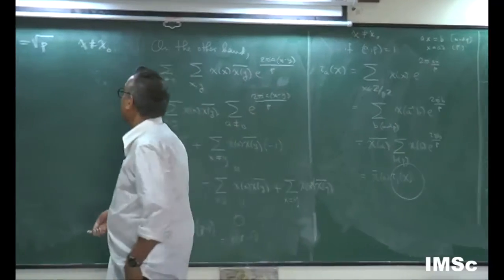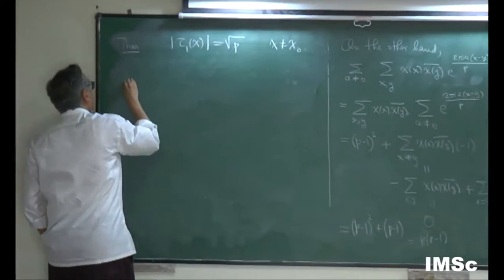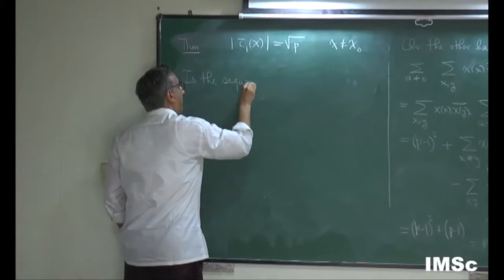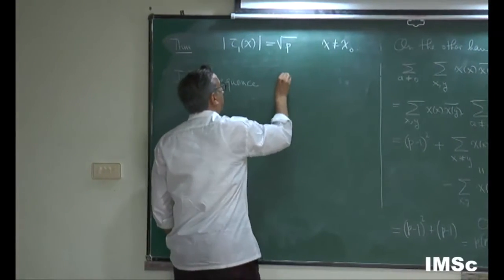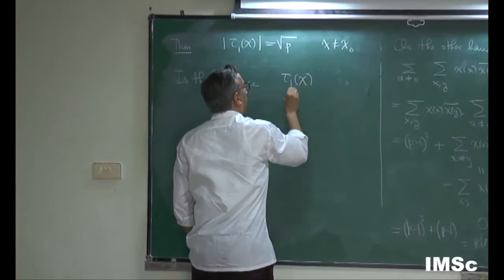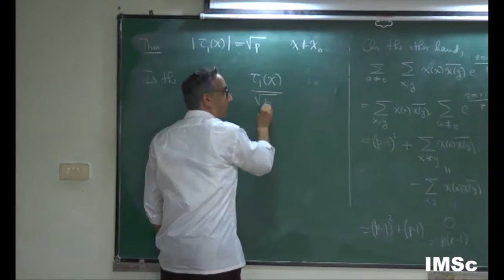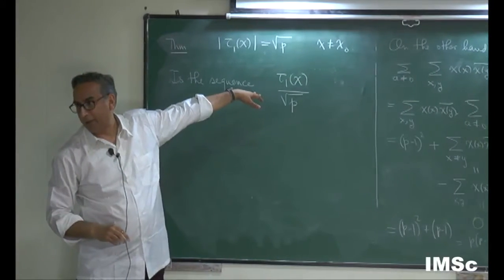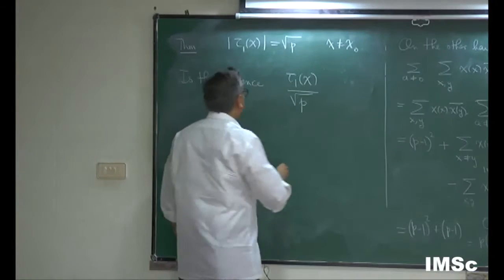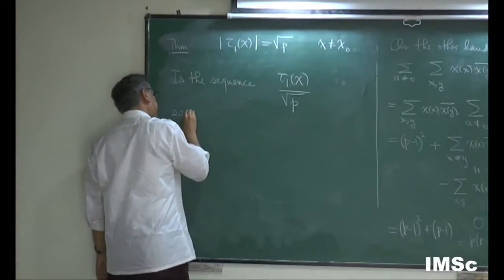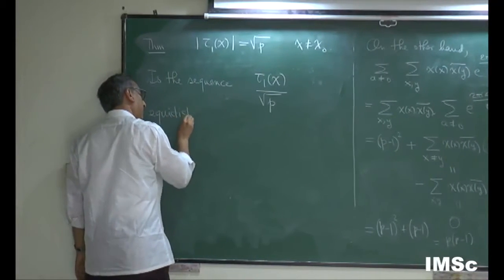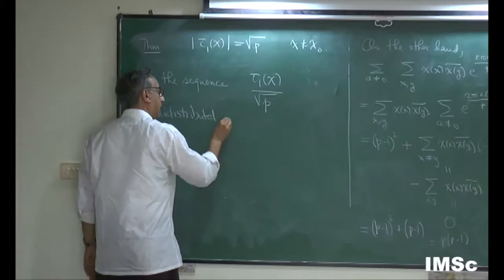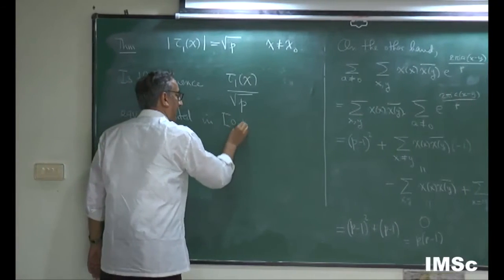So is the sequence, which is now a complex number of absolute value 1, equidistributed in 0, 1?